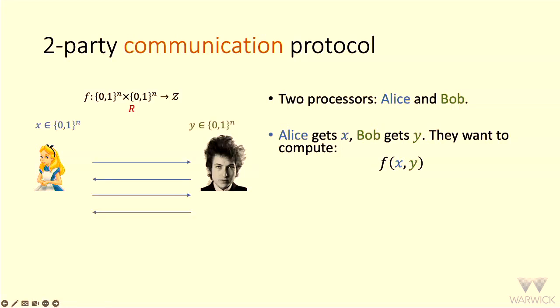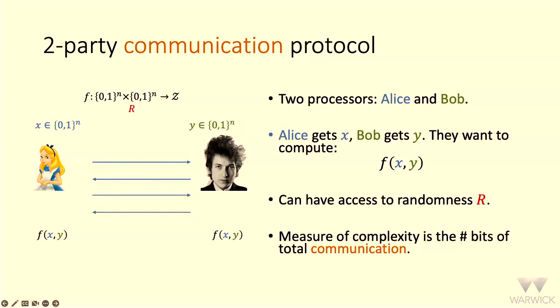We also assume that they have access to shared randomness. We can also think of a private randomness model, but these things are sort of equivalent. At the end, after the interactive communication, we want both of them to know the answer. That's the model, and the measure of complexity in this model is the bits that Alice and Bob communicate among themselves.